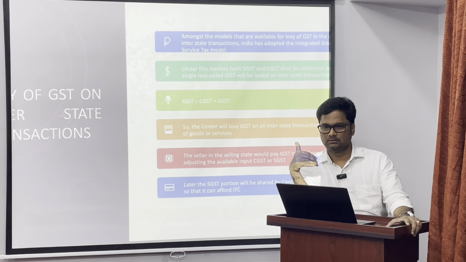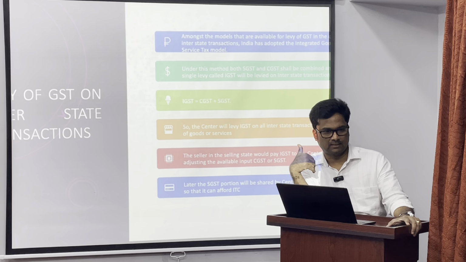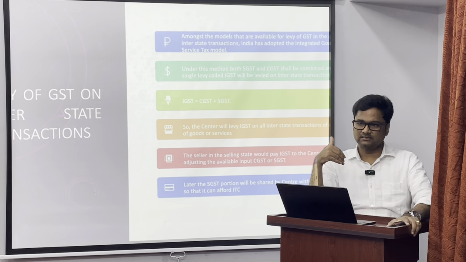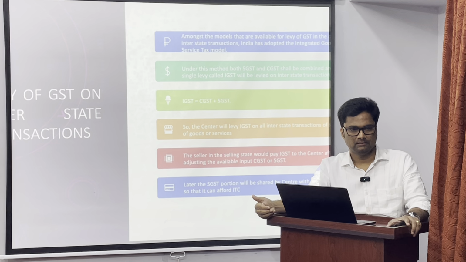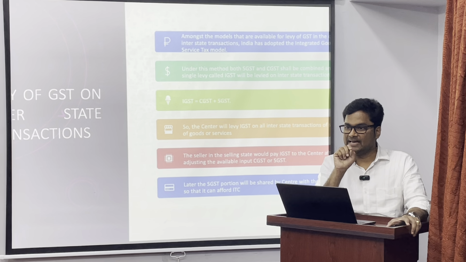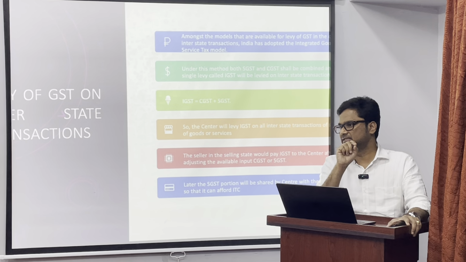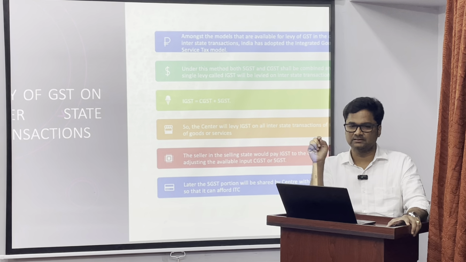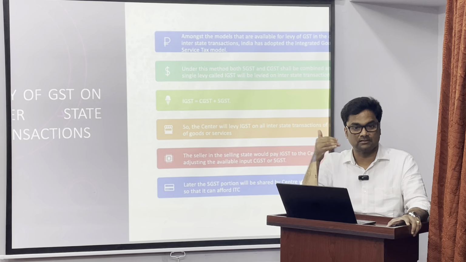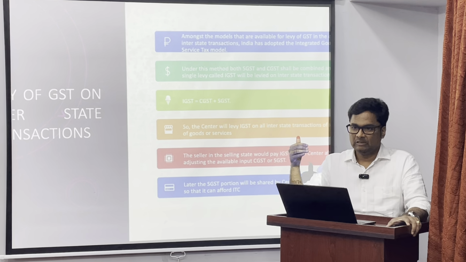Now, the seller of Andhra will raise a tax invoice on Telangana, because it is an interstate supply, and he will say IGST, Integrated Goods and Service Tax, saying that the place of supply, we will discuss what is place of supply, is Telangana state. So he will collect the entire 18.